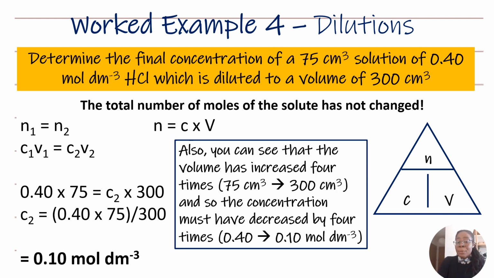We could also take a bit of a shortcut and just see from our volumes that the value has increased by a factor of 4, from 75 centimeters cubed to 300 centimeters cubed. Because the volume has increased by a factor of 4, our concentration is going to decrease by a factor of 4. So that would already tell us that our new concentration would be 0.10 moles per dm cubed.